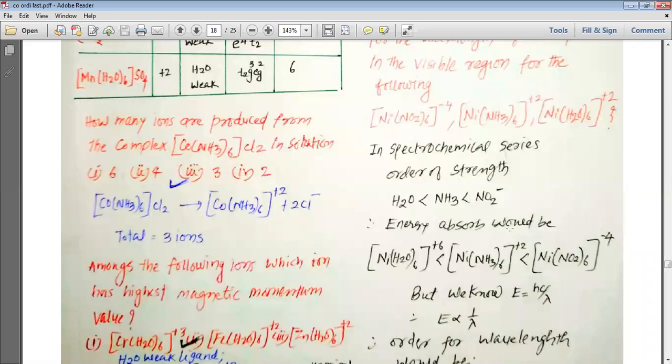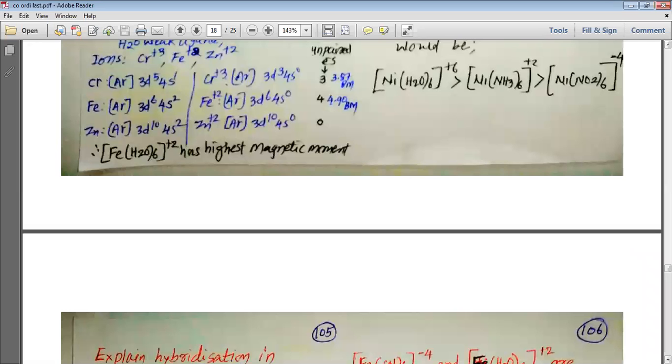So the energy absorbed would be, as the strength of the ligand is in this order, the energy they will absorb is also in this order. So [Ni(H2O)6]+2 will absorb less energy than [Ni(NH3)6]+2, and [Ni(NH3)6]+2 will absorb less energy than [Ni(NO2)6]-4.